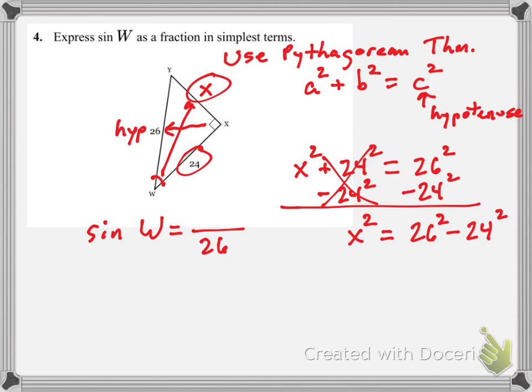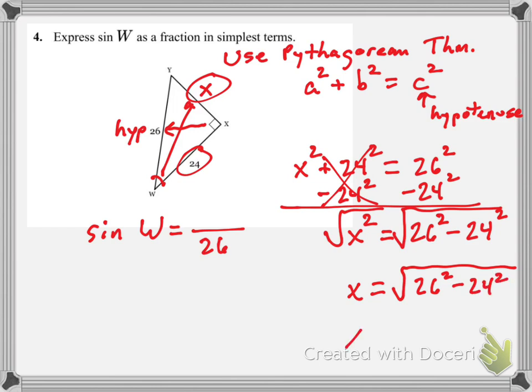Okay? Now, we need to get x. Well, to do that, I need to take the square root of both sides. Okay? So x is the square root of 26 squared minus 24 squared. Now, I'm going to use the calculator. So, square root 26 squared minus 24 squared is 10.